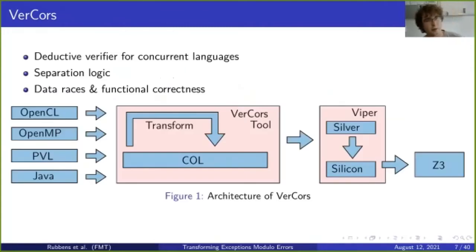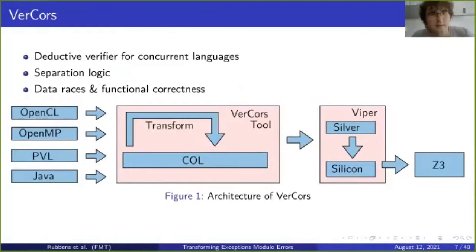Now, one deductive verifier that we will focus on for this presentation is VerCors. VerCors is a deductive verifier for concurrent languages, and it uses separation logic to guarantee absence of data races and guarantee functional correctness. It accepts four input languages, namely OpenCL, OpenMP, PVL, and Java.